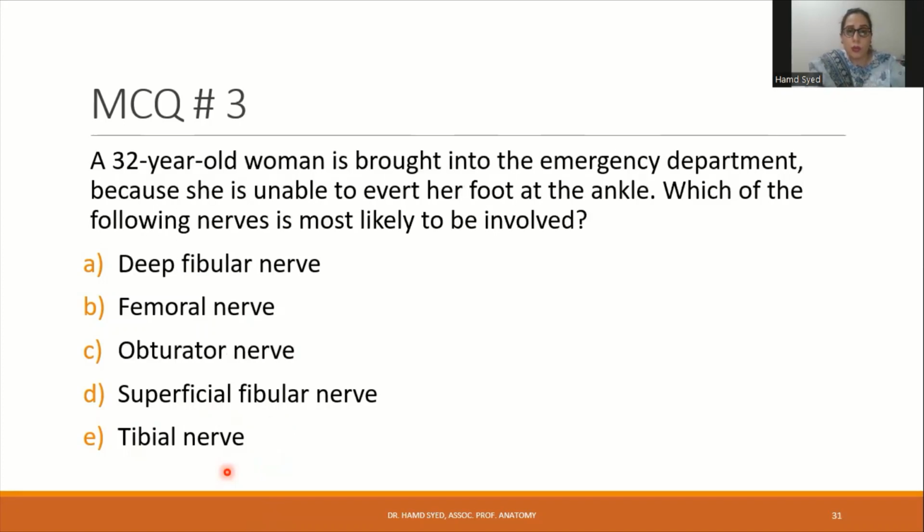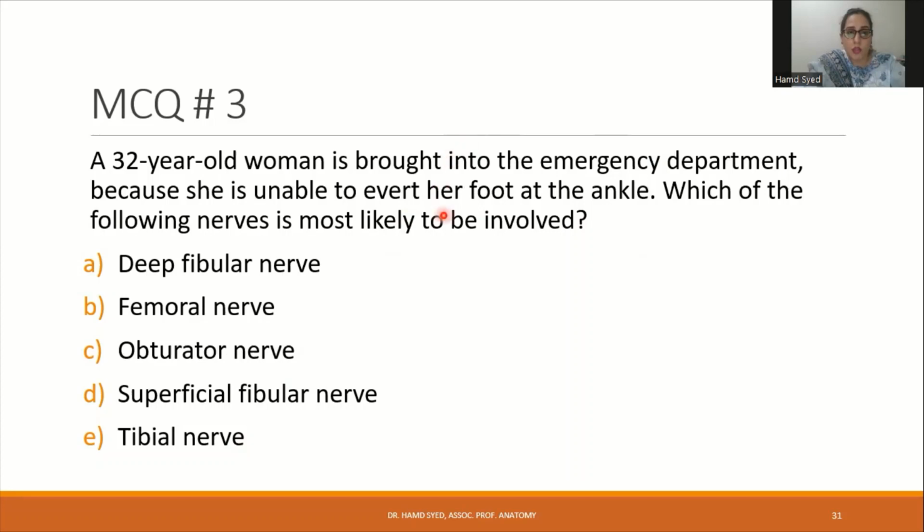A 32-year-old woman is brought into the emergency department because she is unable to evert her foot at the ankle. Now, which of the following nerves is most likely to be involved? Here, the loss of action is the loss of eversion, which is a movement of the foot towards the outer aspect in which the sole is also lifted and moved externally.